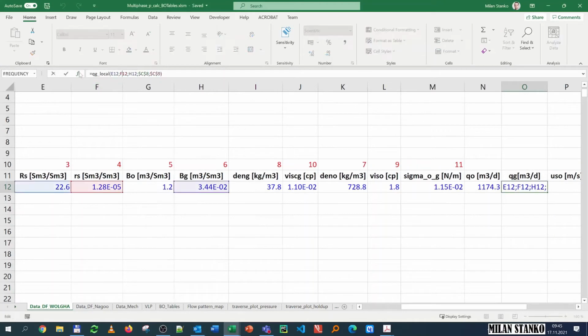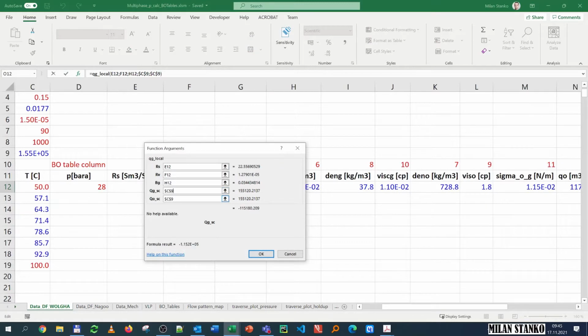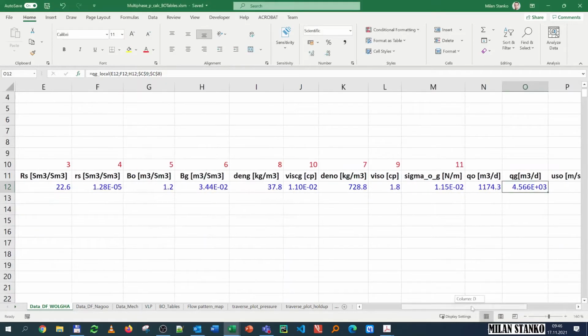Well, I think first is okay. First is Q gas, so this should be C9, and this should be C8. Okay, now it's hopefully working.